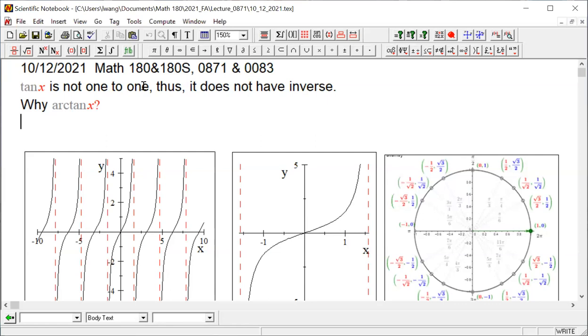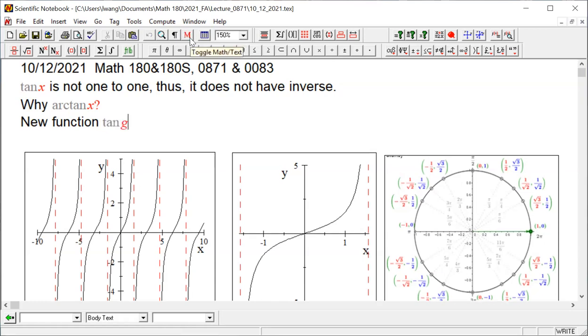Okay, so the new tangent function, right? After that truncation, the input A is from negative pi over 2 to pi over 2, not including.